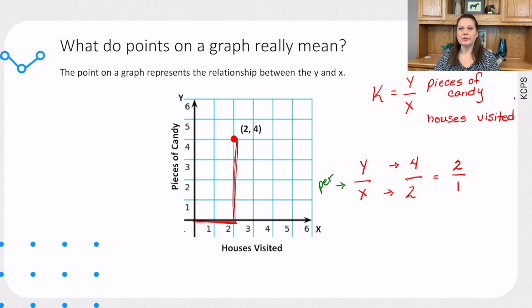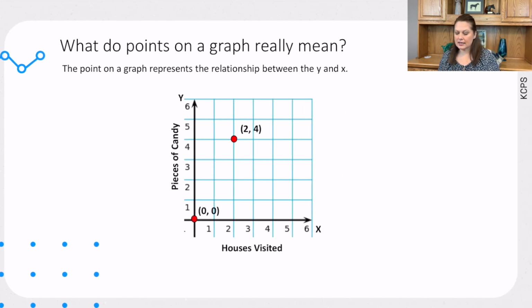Now remember, when we read that fraction bar, we're going to say per. So we're going to start with our numerator. So we're going to say 2 per 1 house. So 2 pieces of candy per house, or per 1 house. However that sounds best to you, it's mathematically correct, but most people leave out the word 1 because it's per house. You make the assumption it's automatically 1.